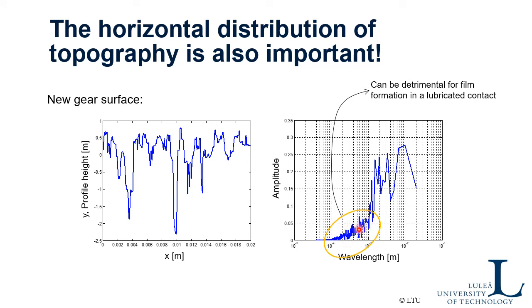A shorter wavelength means a sinusoidal wave which has a short wavelength and therefore also a high slope. But we will talk more about that in the elastohydrodynamic lubrication videos.